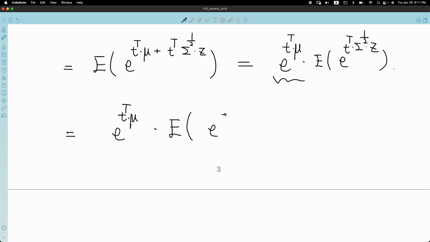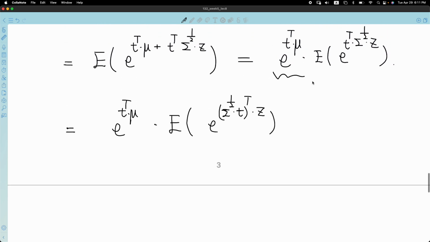I'm writing sigma 1/2 and then multiplying by t, grouping these two together, transpose z. The only difference from this line to this line is that I group the sigma and the t together. I will just do it this time, but in the future I will assume it's obvious to you and not do this step.